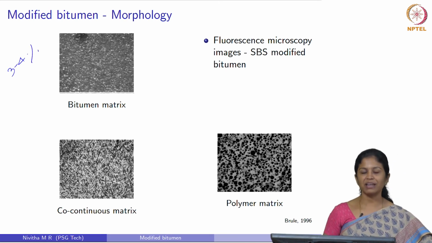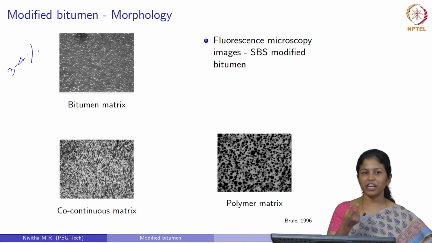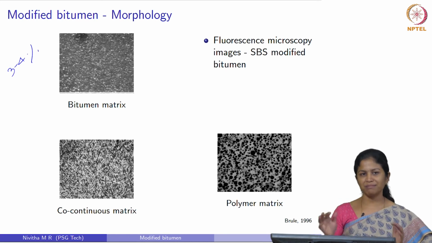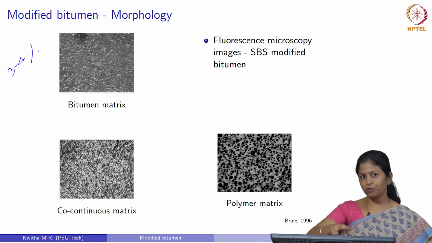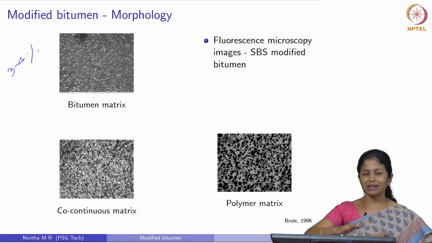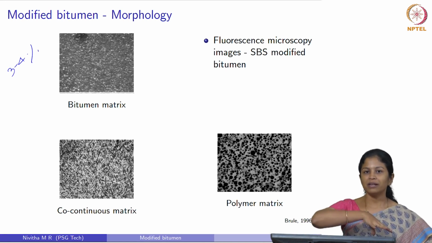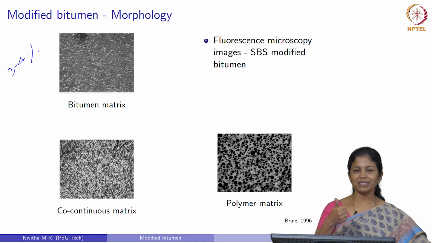When we add SBS in concentrations of 3 to 4% and mix it under standard blending conditions, we have a case where the modifier is uniformly distributed in the bitumen matrix. So, we have two phases here: one is the matrix which is bitumen and the second is the modifier, which is distributed uniformly in the bitumen matrix. This is the first case.